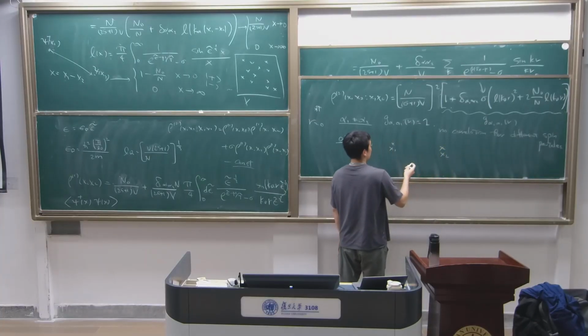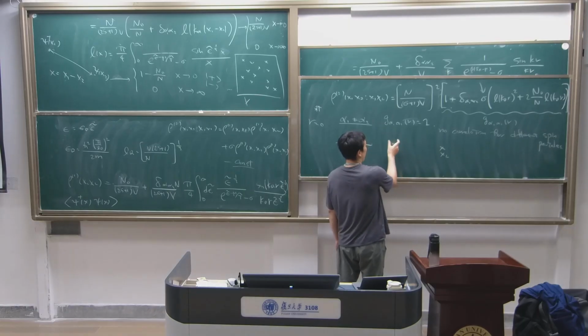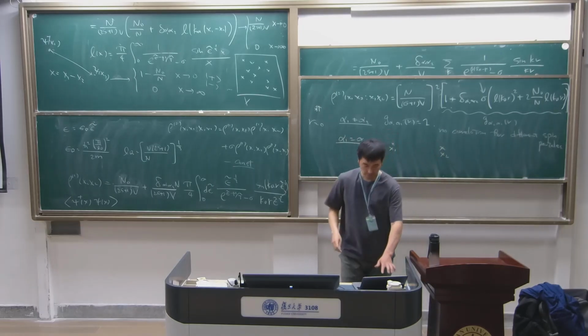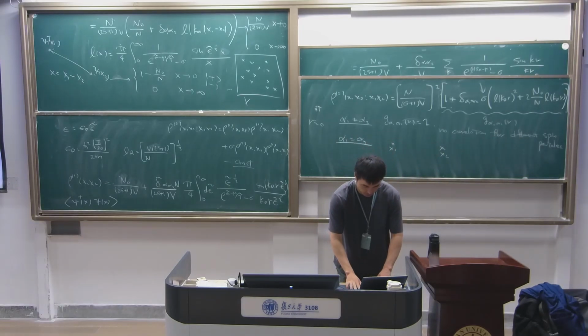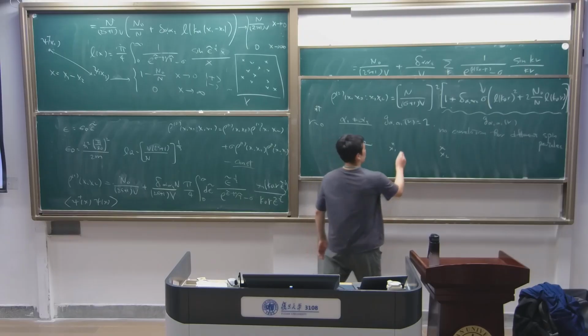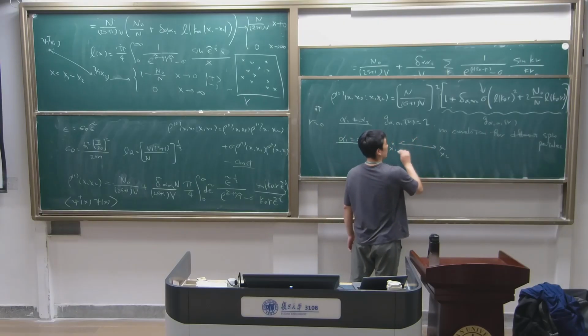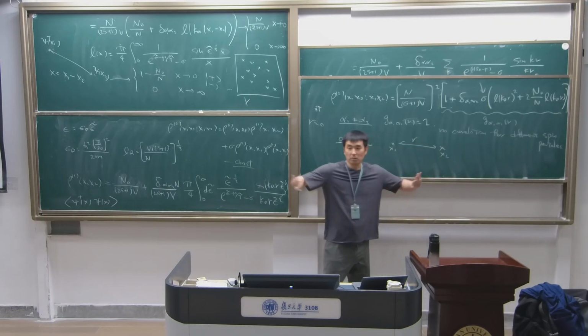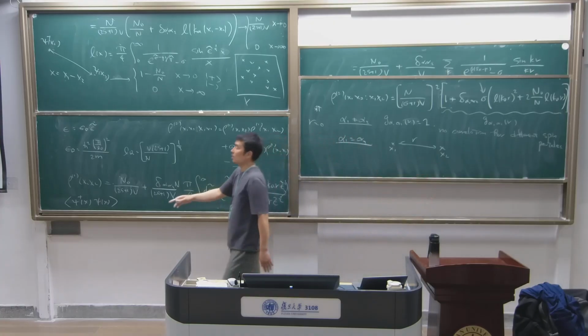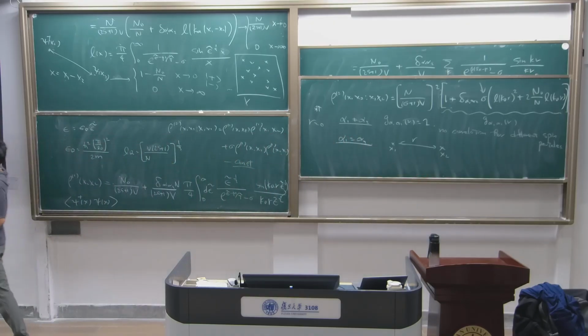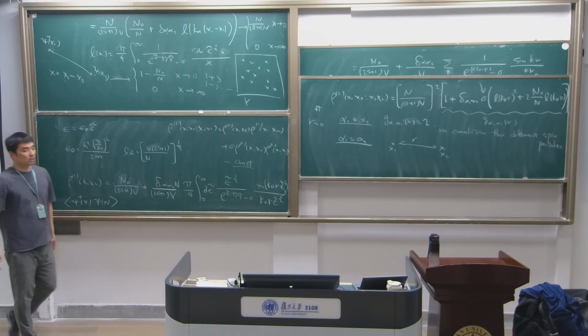Two particles will appear here, at x1 and x2. But if you take R going to infinity, there is no correlation. That is what it means when it becomes 1 as R goes to infinity.